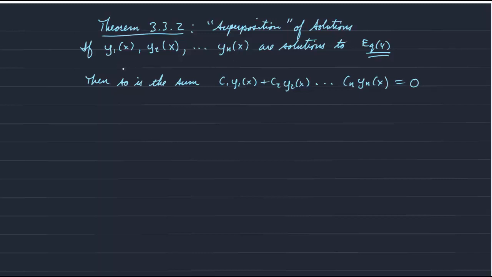So if there are n different functions that satisfy the general equation, whatever the coefficients are for a given problem, then the sum of those functions when multiplied by these arbitrary constants is also a solution.